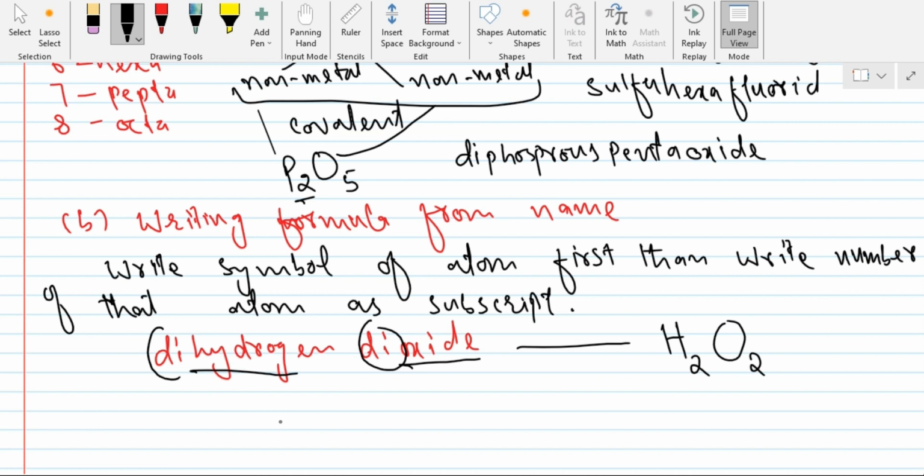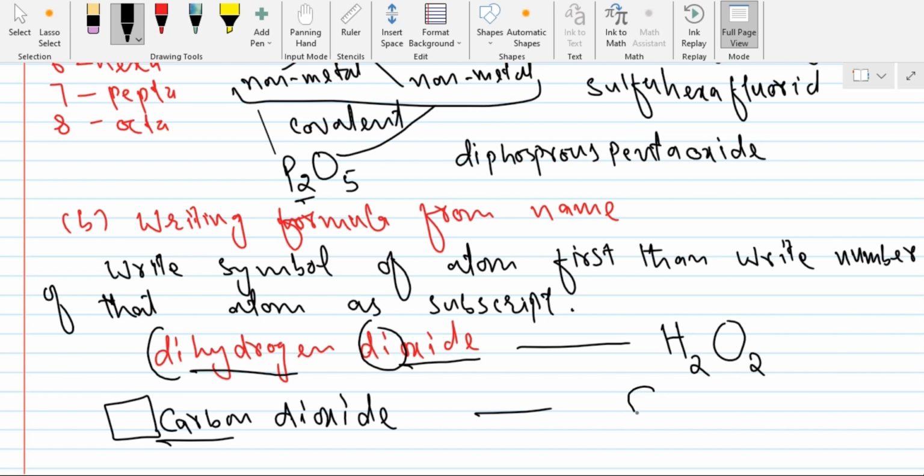Clear? Here is one more example: carbon dioxide. How are we going to write the formula? There is carbon, but the number of carbon atoms is missing. By default, when the number is missing, it remains 1.